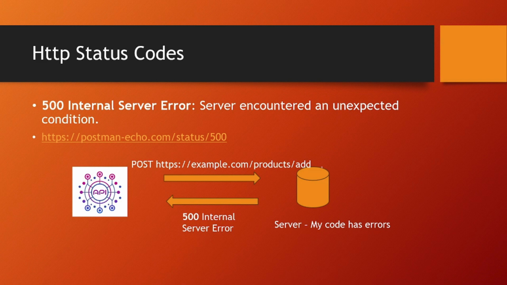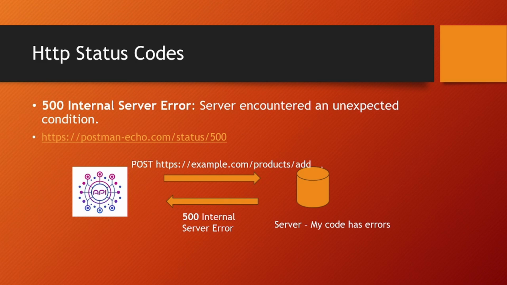Whenever there is an issue in the server, it will give you back 500 Internal Server Error. While testing the API, you have to be very sure about 500 series status codes because they are very crucial. Why? Because they can hamper the functionality, they can hamper the load on the API. So you have to be very cautious about testing.